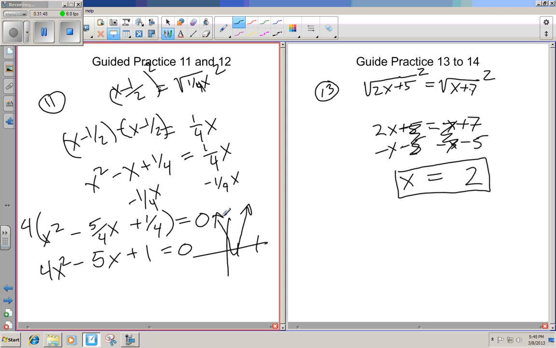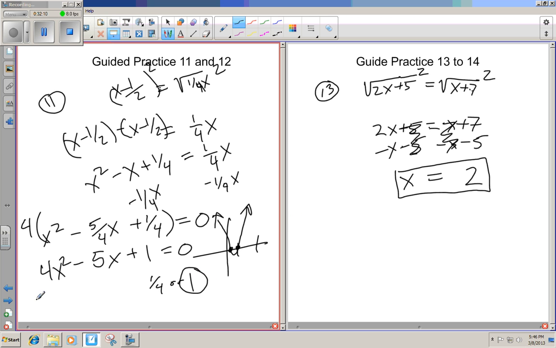You're going to have to use synthetic division to check to see which one this is or which one this is. You could use the quadratic formula. What you're going to come up with, though, is that the answers are either 1/4 or 1. And for number 11, your answer will be that 1 is the correct solution.